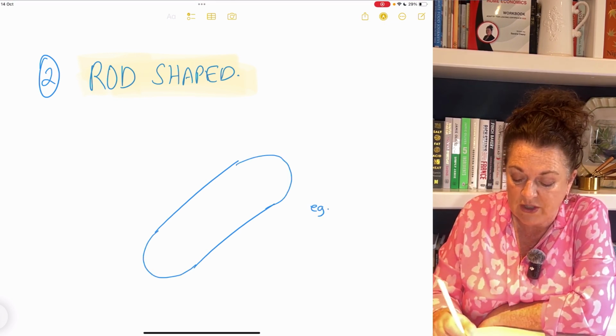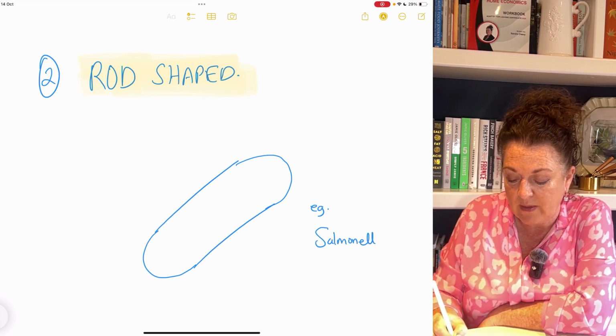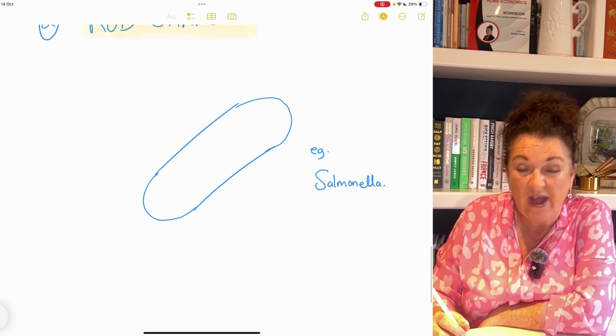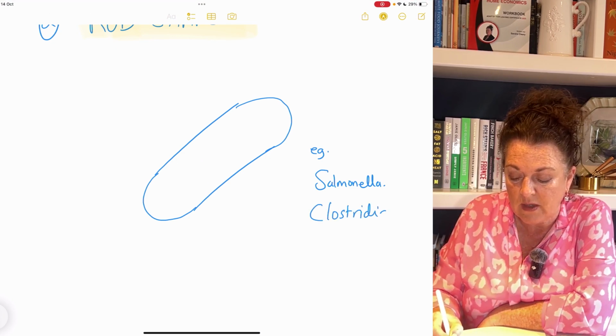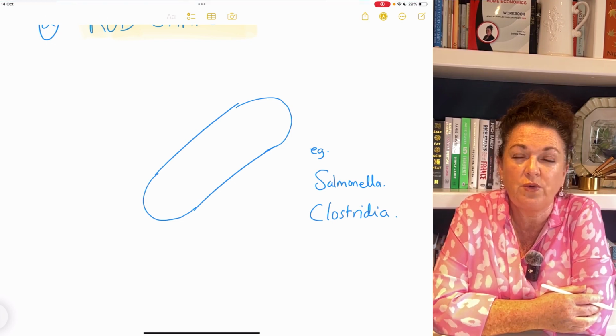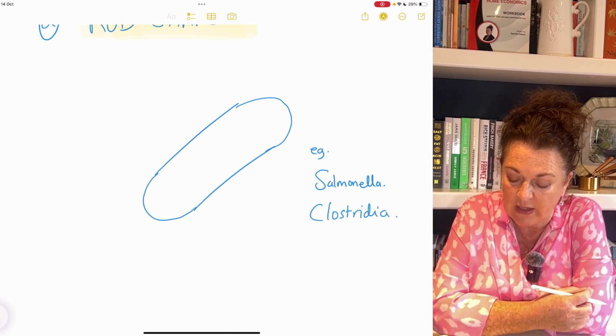Examples of rod-shaped bacteria on our course: Salmonella would be one, and any type of Clostridia. Clostridia would be like Clostridium botulinum, which we look at in another lesson.